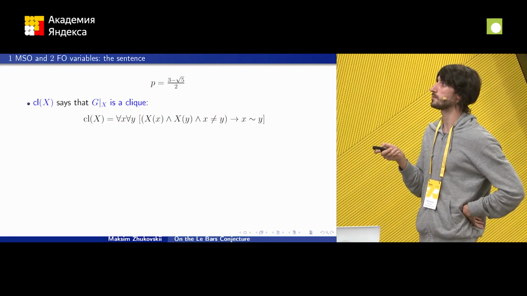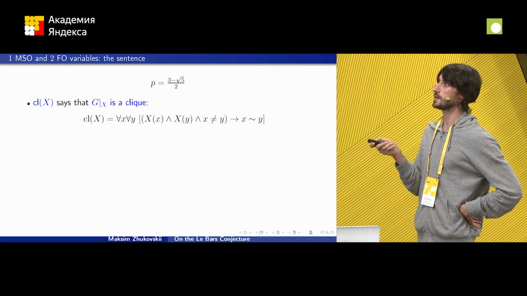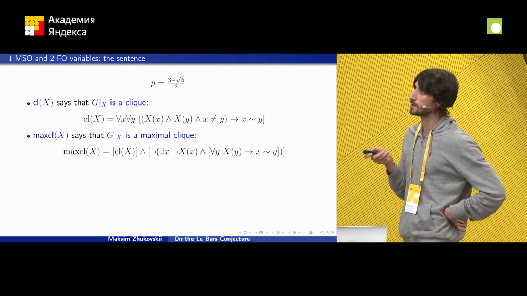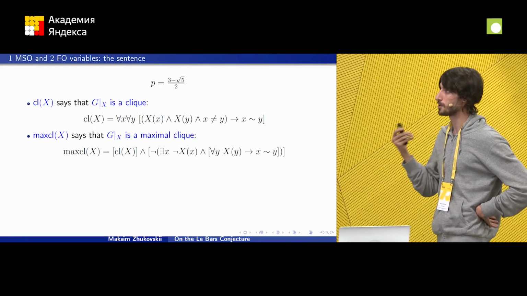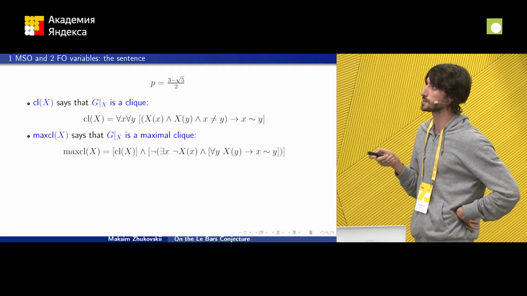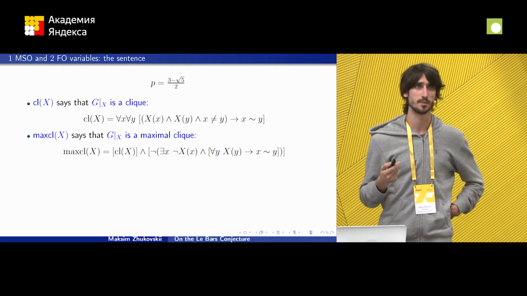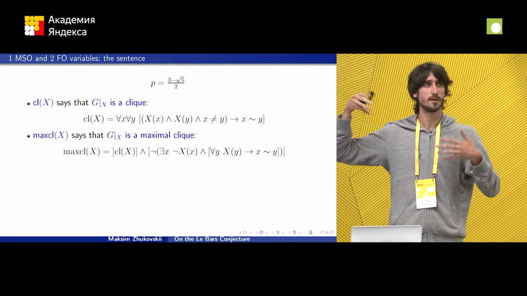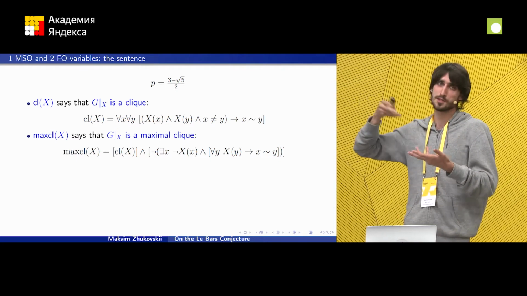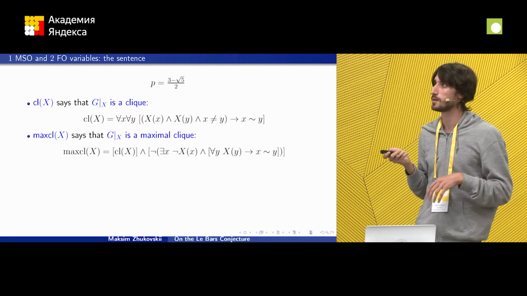So for every x, for every y from X, they are adjacent. And the sentence max represents the property that the induced subgraph on the set X is a maximal clique. So what does maximal mean? That it is a clique and that every vertex outside is not adjacent to at least one vertex of X.